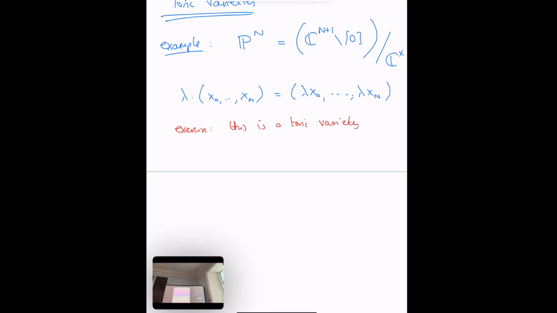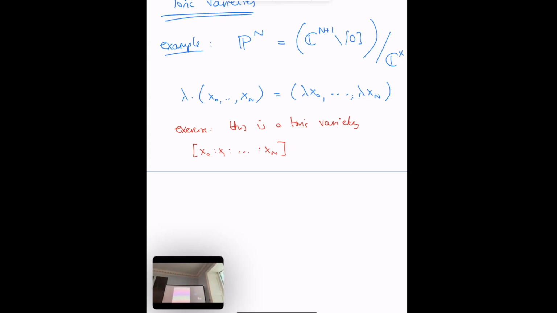So you might decide to write the equivalence class of x0 to xn like this, and then I'm supposed to find an action of an n-dimensional torus on this.